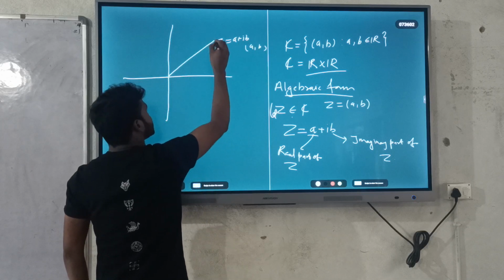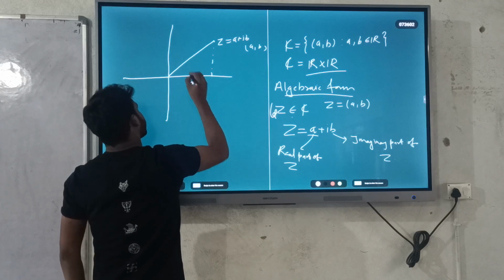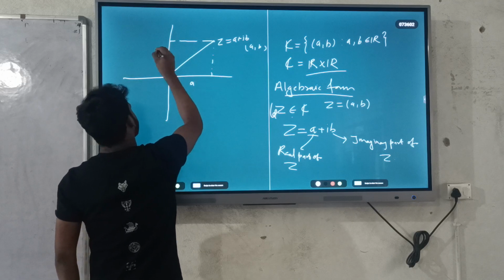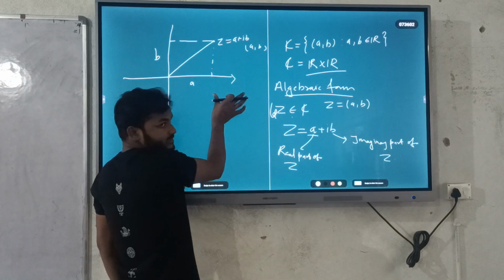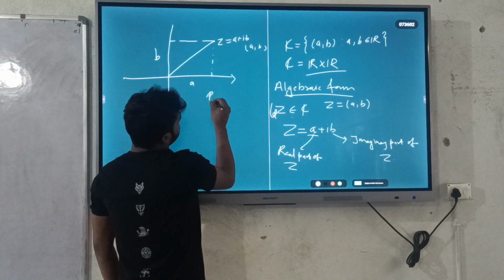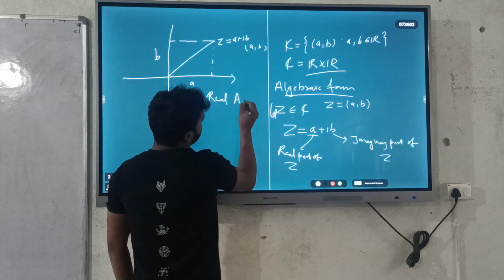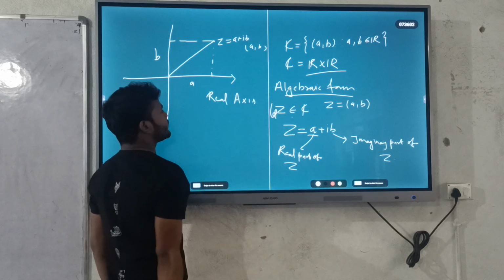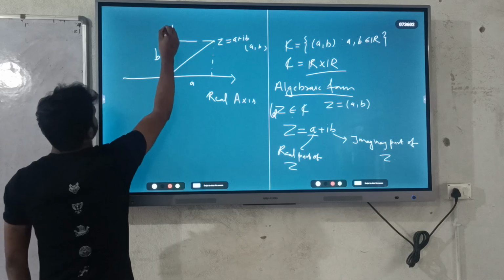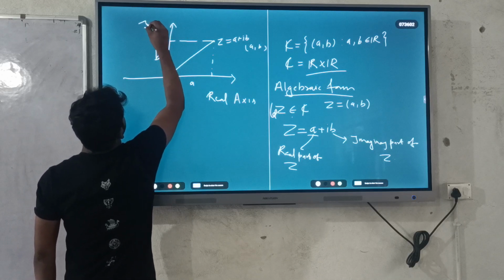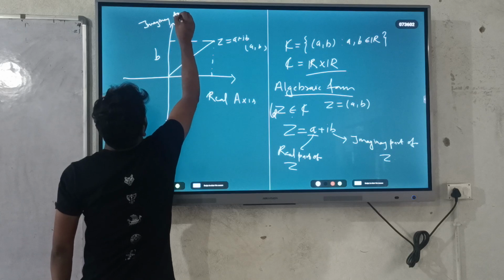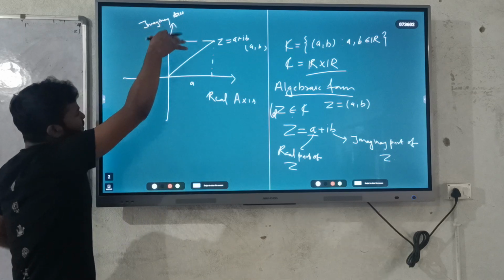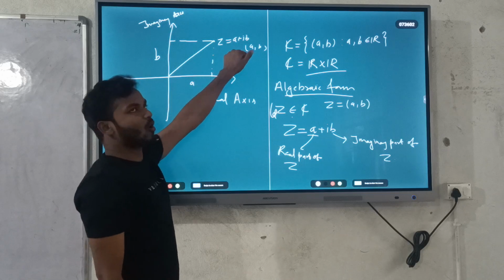So this is z, this is my a and this is b. Then this x-axis can be taken as the real axis because it represents the real part of a complex number, and this is your imaginary axis as it represents the imaginary part of a complex number.